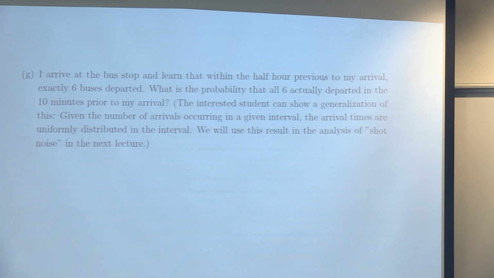Yes, there are 5 minutes between buses on average, so that's exactly the average situation. What is the probability that all of these 6 buses actually departed in the 6 minutes prior to my arrival? That is a non-typical situation, right? What is the probability all of the 6 departed in the last 10 minutes of that 30-minute interval? What do you think?